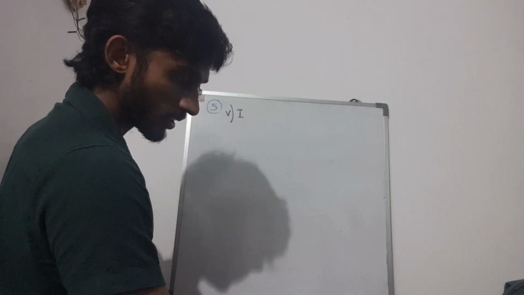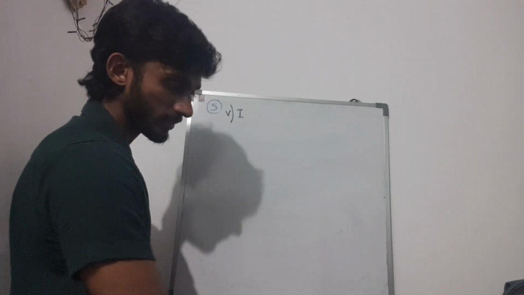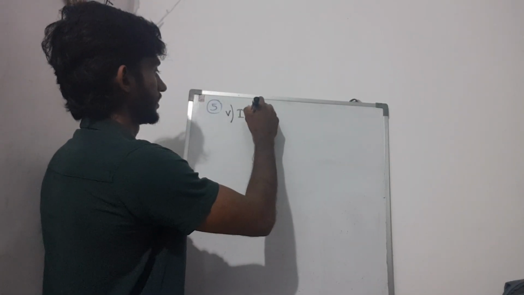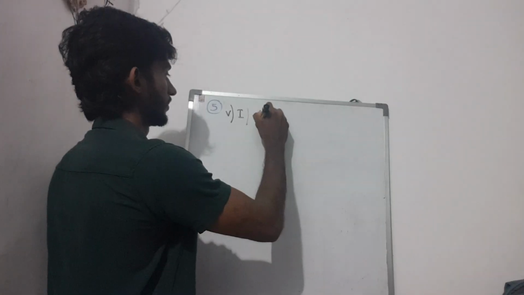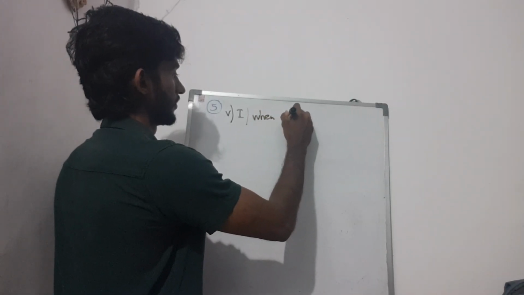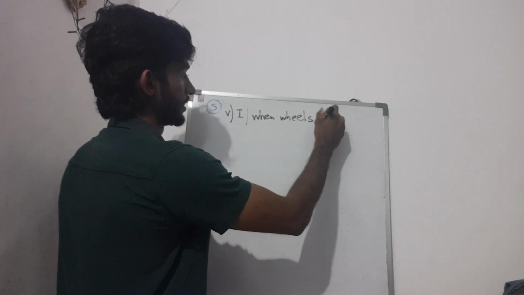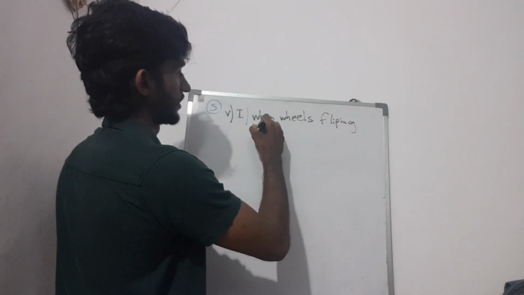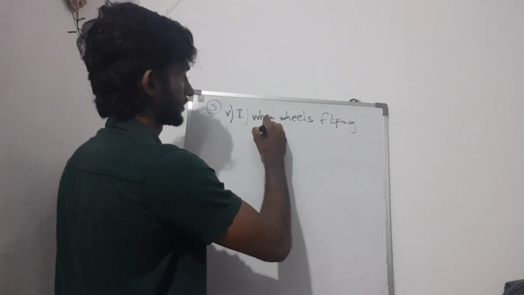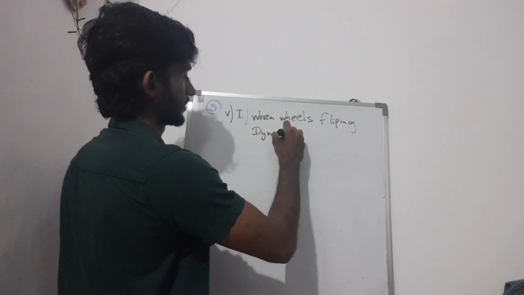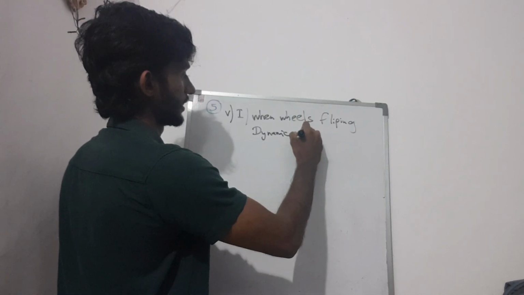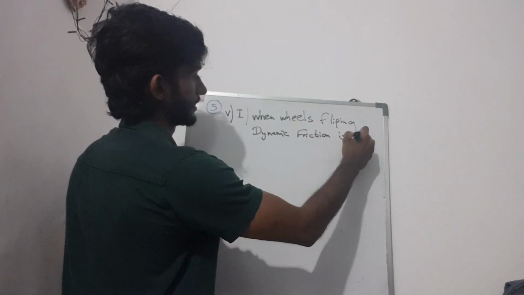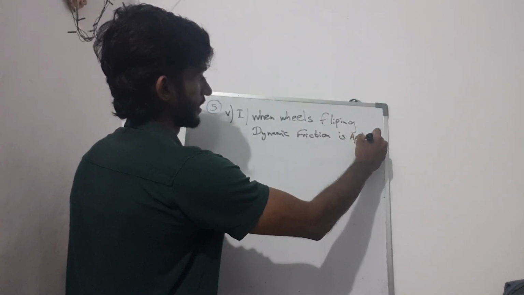We have to give the reason for the friction. When wheels are slipping, dynamic friction is applied.